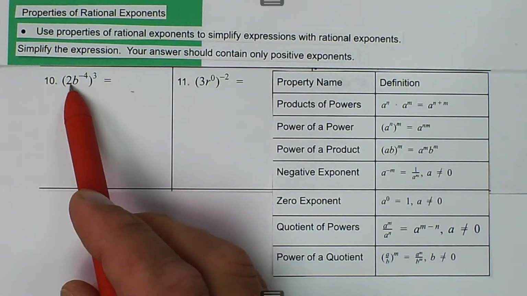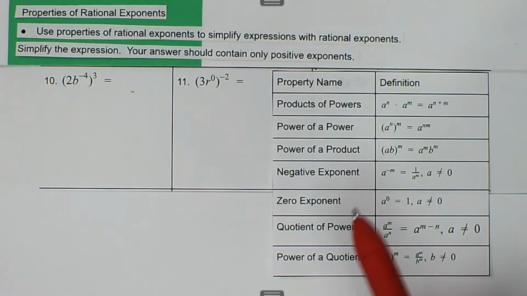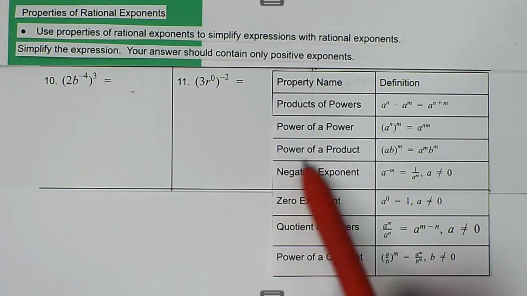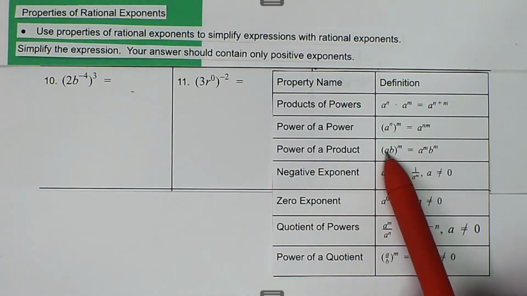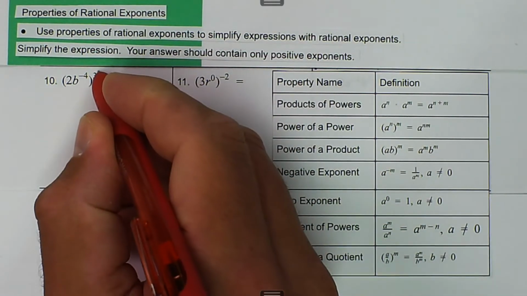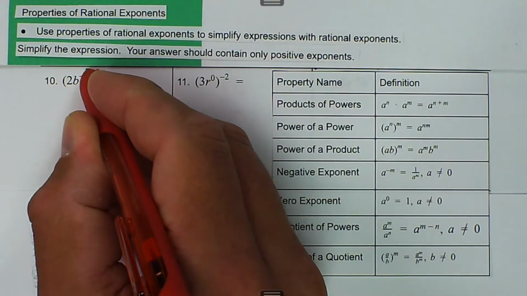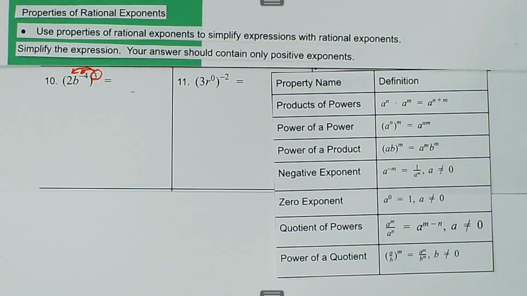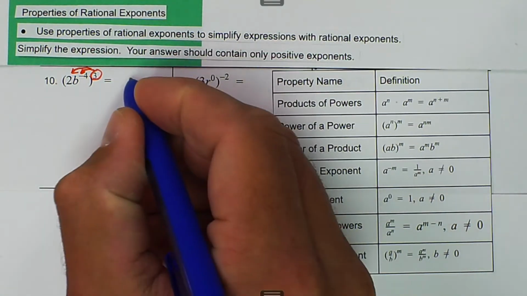And so inside the parentheses, we have a product, 2 multiplied by b. And so here we have a power of a product. So we have a product inside the parentheses, so we're going to distribute the power outside, and we're going to distribute that in, and that is a power of a product.